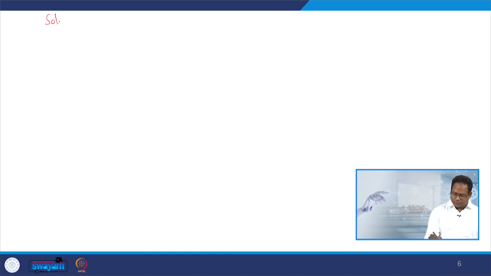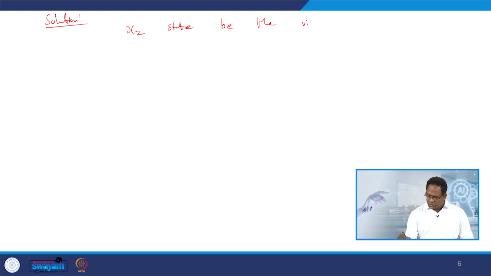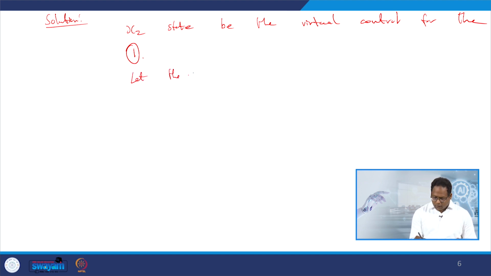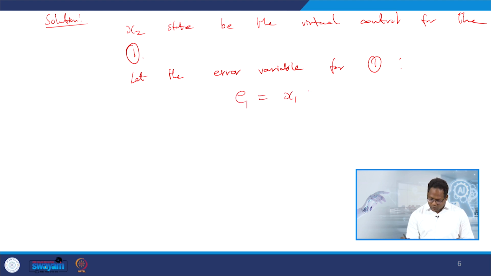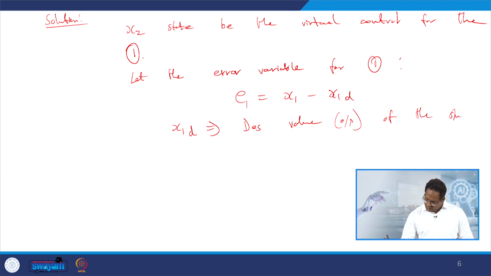So, the solution is, we consider the x2 state to be the virtual control for subsystem 1. Let the error variable for subsystem 1 be given by E1 equal to x1 minus x1d, where x1d is the desired value or desired output of subsystem 1.